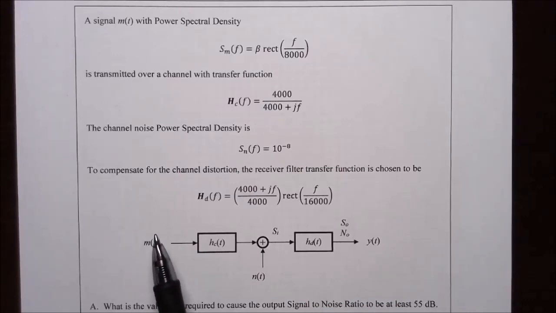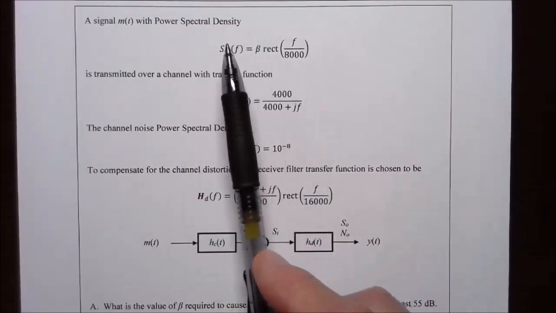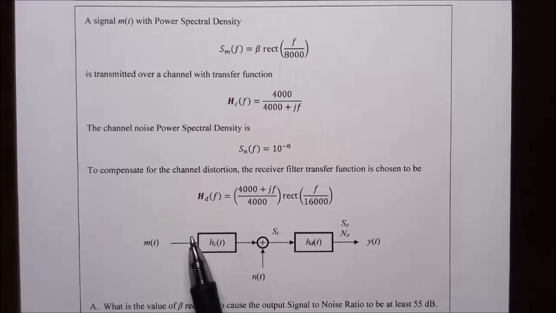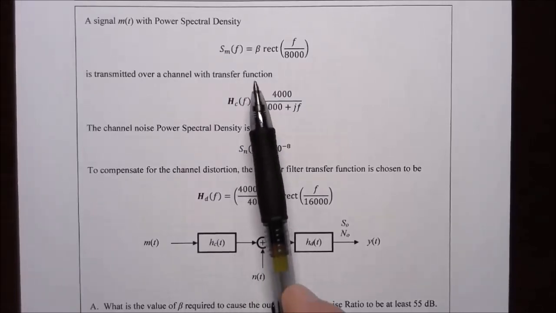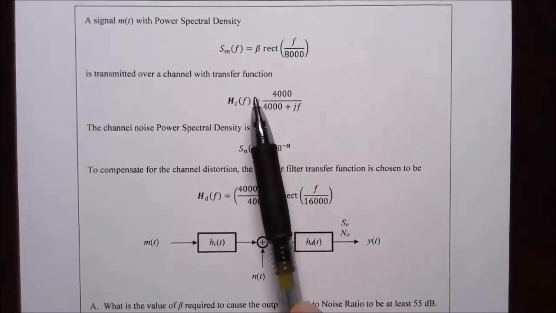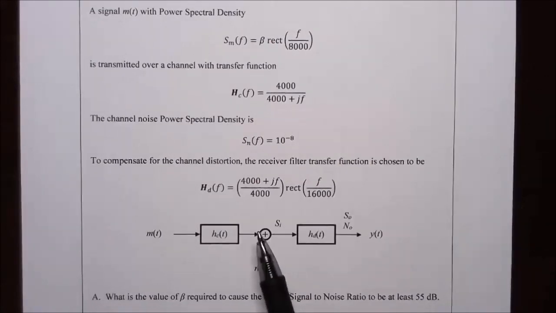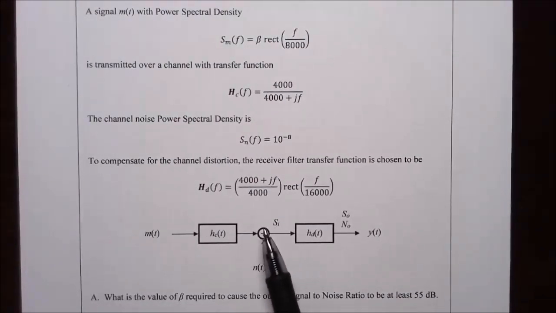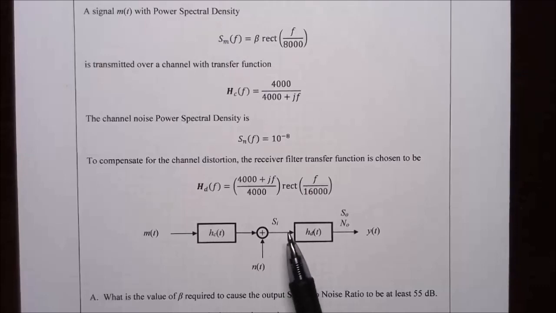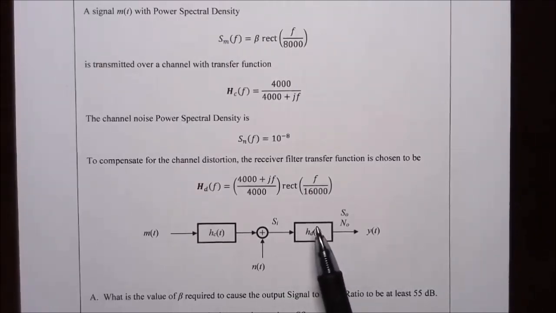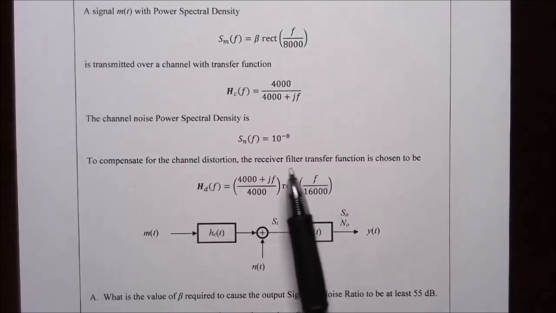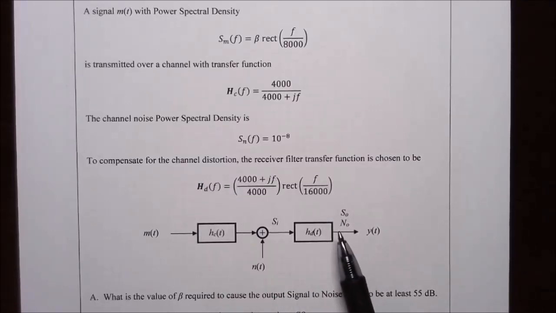That's this signal that has a certain power spectral density that goes through this linear system, h with the subscript c, which has a transfer function given by this function, and then the output from this linear system is added to noise, and then the sum of the signal plus the noise goes into this linear system, which is described by the second transfer function, and then we have the output signal.